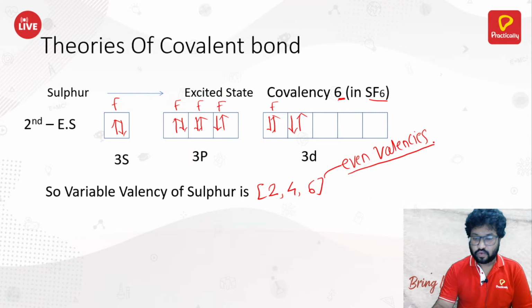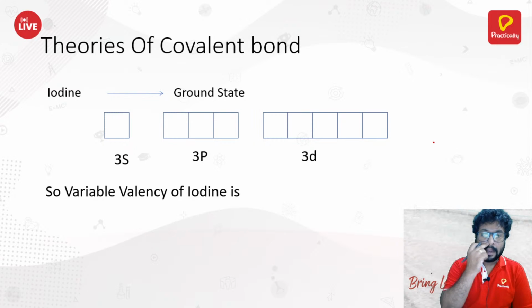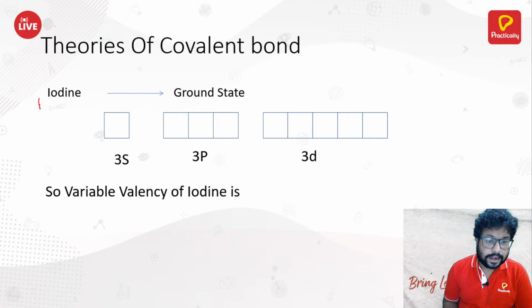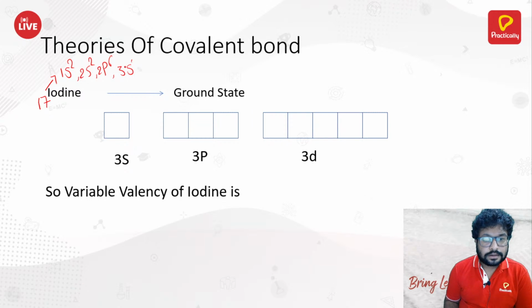Okay, sure, very good. So now next is our iodine. What is the atomic number of iodine? Atomic number of iodine is 17. So its electronic configuration again comes like 1s2, 2s2, 2p6, 3s2, 3p5, 3d0.